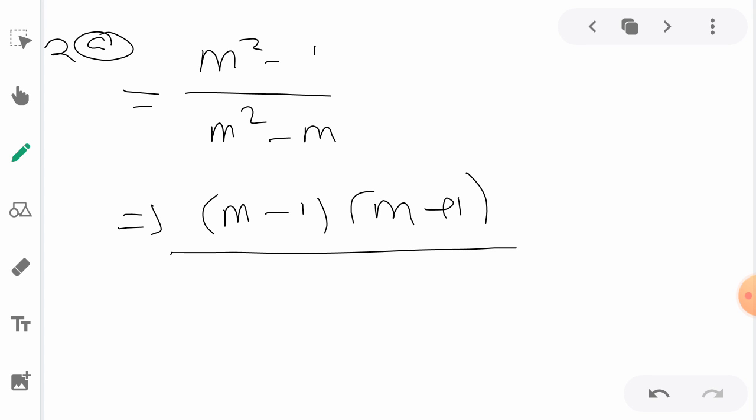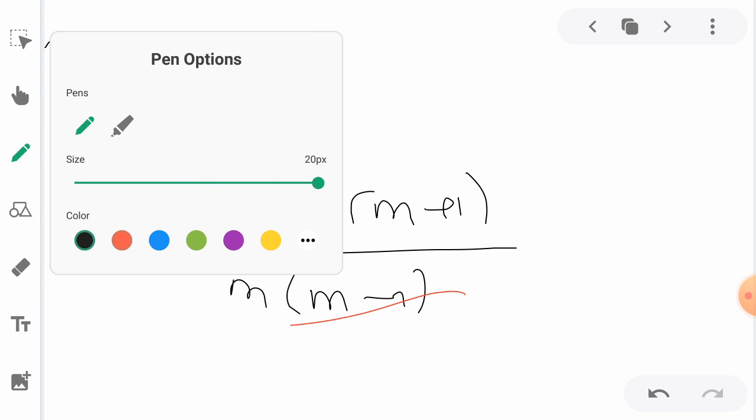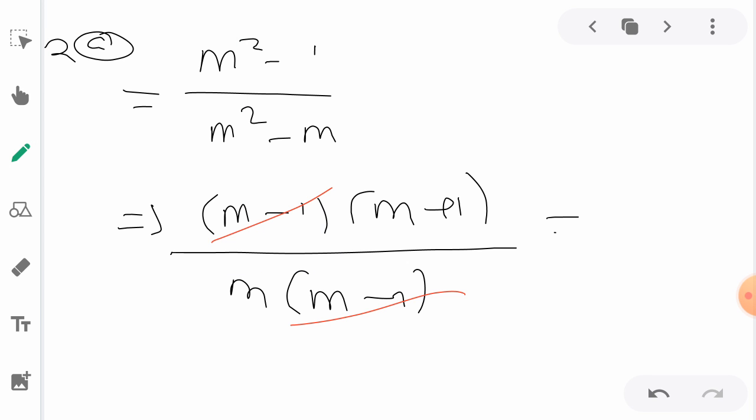That's what we must know as a difference of two squares. Then here we can factorize, because m is common, we remain with m minus 1. You can see that this and this are common. What remains is m plus 1 over m, and that is the answer.